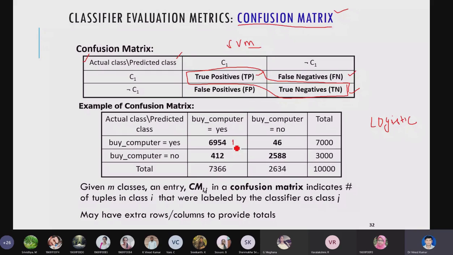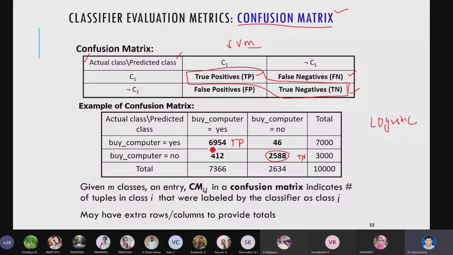6954 came true positive. It means the person I expected would buy the computer, in the original class he was buying the computer, and when I performed the classification method the answer also came true positive. Here 2588 came true negative. I expected a particular person would not purchase, and actually he also did not purchase the computer.